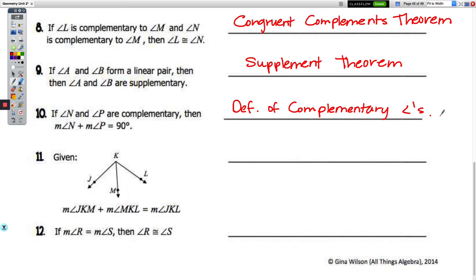Number 11 says that if the measure of angle JKM plus the measure of angle MKL equals the measure of angle JKL, this is what? Angle addition postulate.